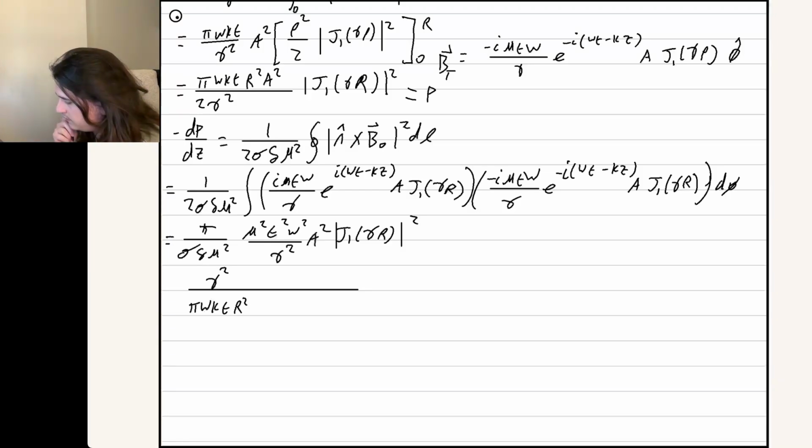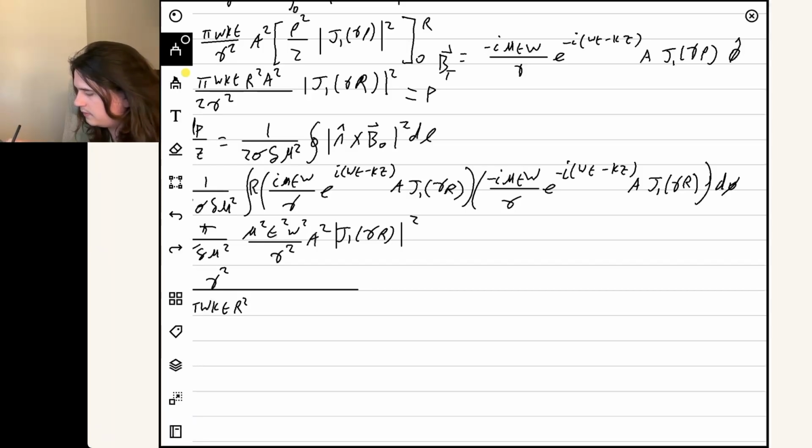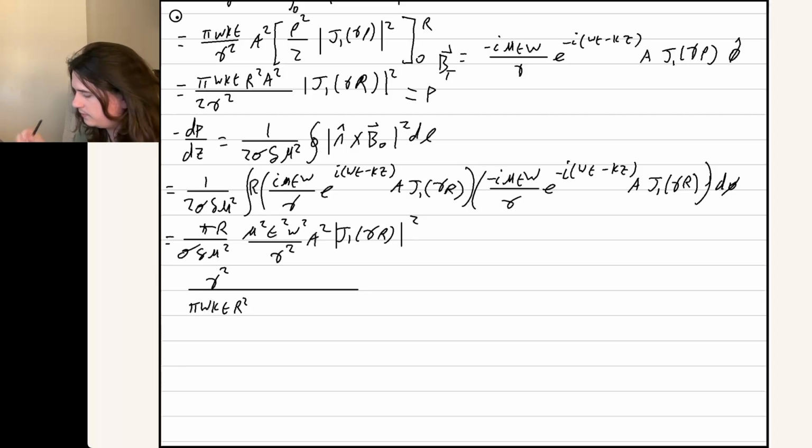I think I forgot a factor of r when I did the, yeah, because the line element for cylindrical coordinates you would multiply by r. So that's the difference there. So that's going to be r. Not there, actually. There'll be an r here. Okay.